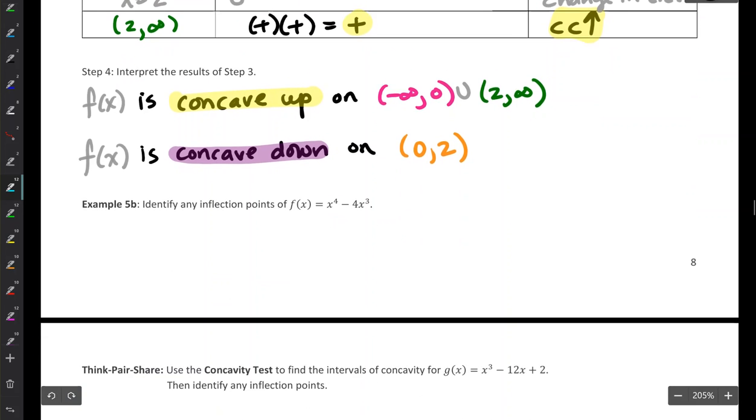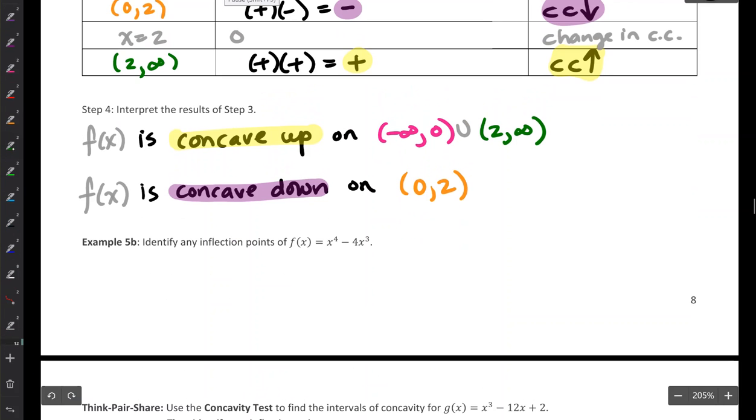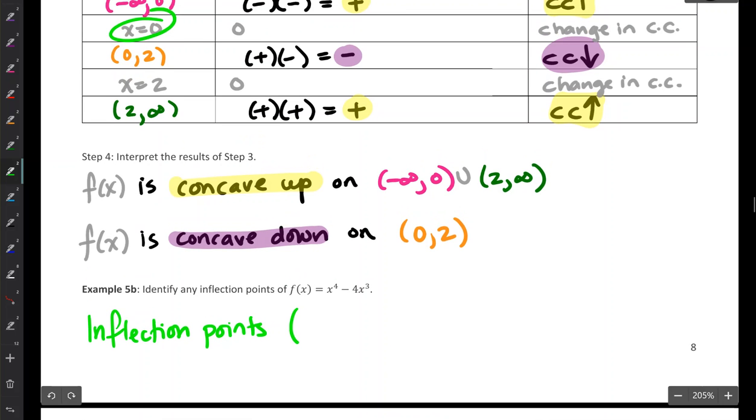All right, so here are our inflection points, which I was doing in green earlier. 0, comma, we'll go find f of 0, which we can do in a second, and 2, comma, f of 2.